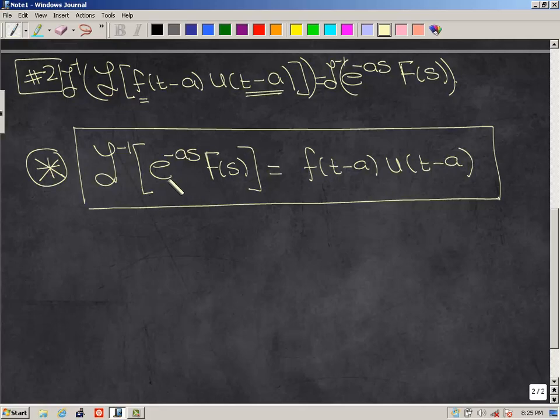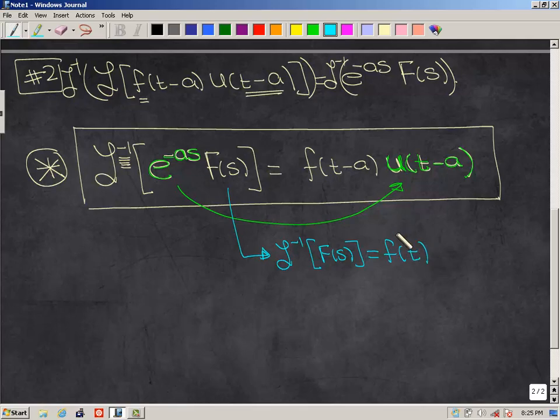I gave it to you last time. So anytime you're taking an inverse Laplace that involves an exponential, that exponential is going to result in a step function that's shifted by a units. Then you take the inverse Laplace of big F of s, which will result in little f of t, and then you shift that by a units also.